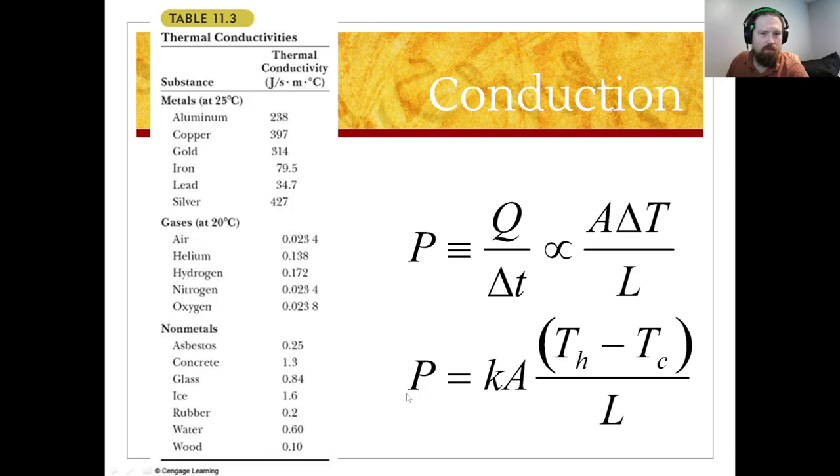P equals, first thing I'm going to focus on is this open parentheses, Th minus Tc, close parentheses. This represents the different temperatures on either side of an object.